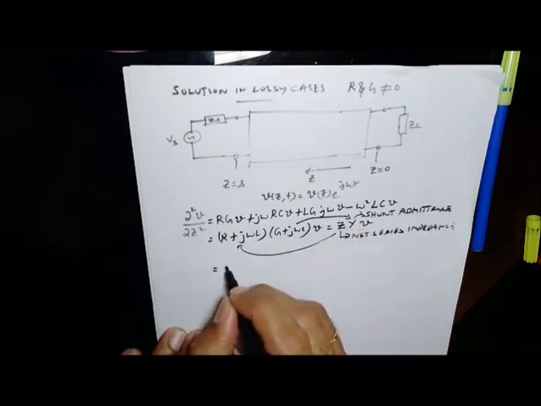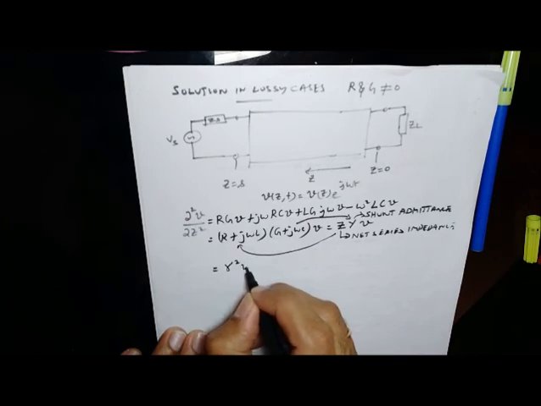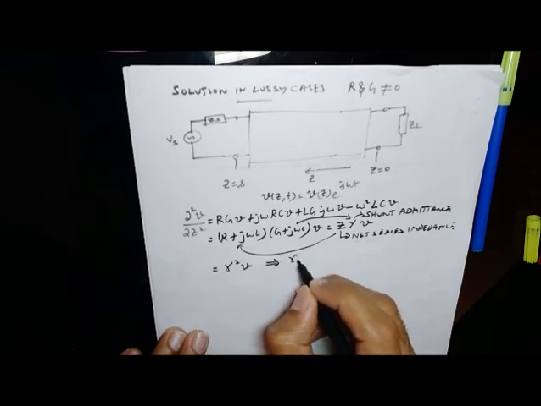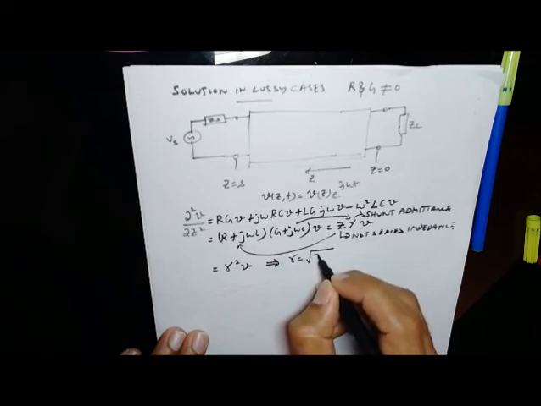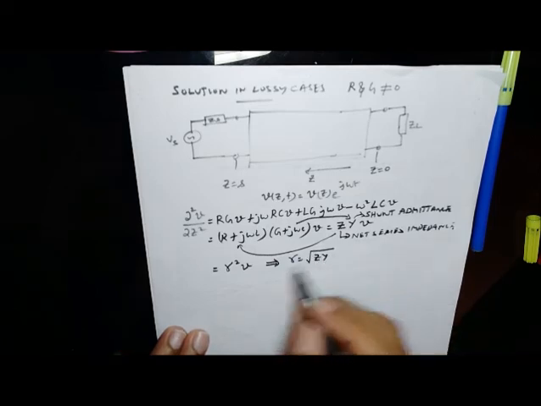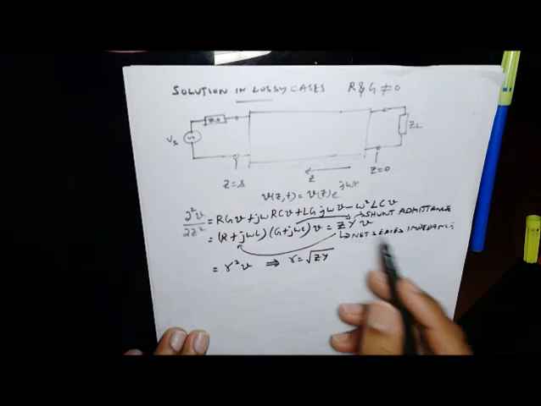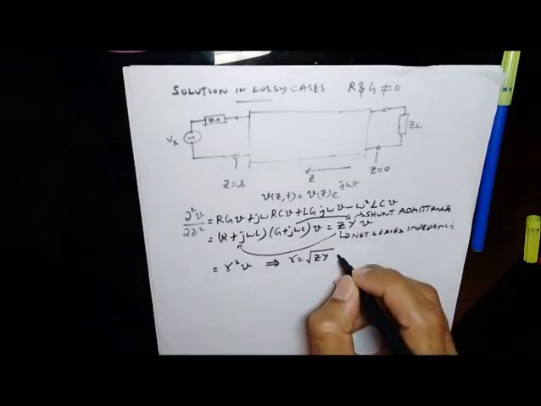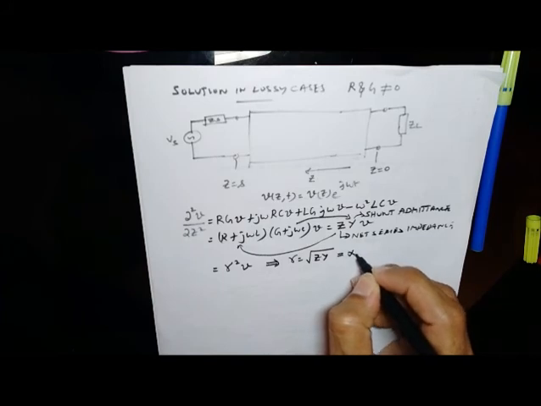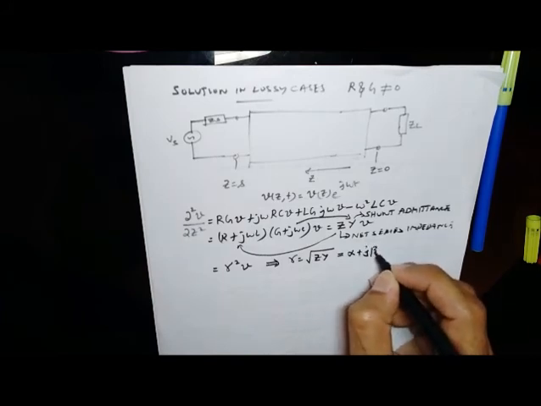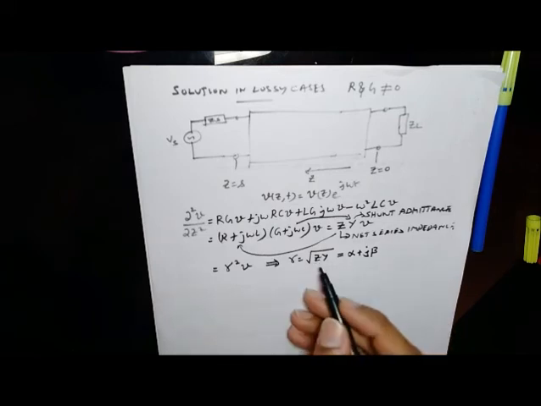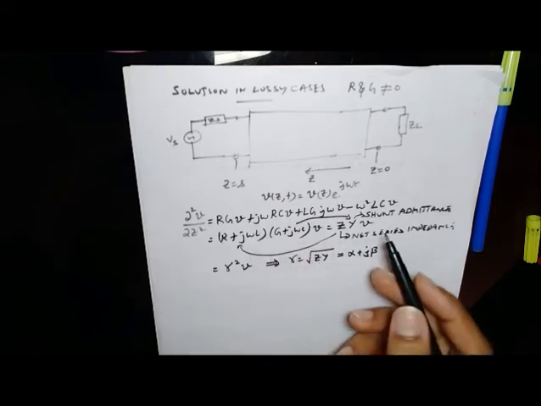We write this as small gamma square into V, where gamma is square root of Z into Y, obviously, because gamma square becomes ZY. So gamma is square root of ZY, which I will write as equal to alpha plus j beta. So this will be complex in general, obviously, because Z is a complex quantity and Y is a complex quantity in general.